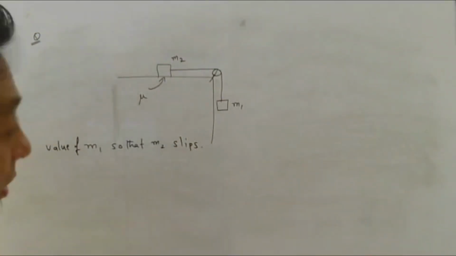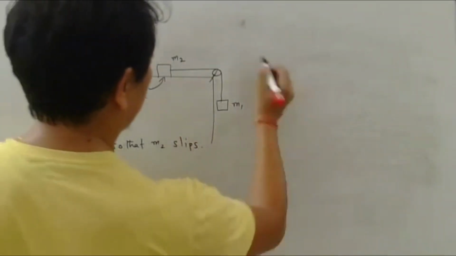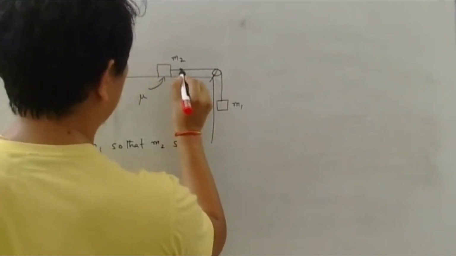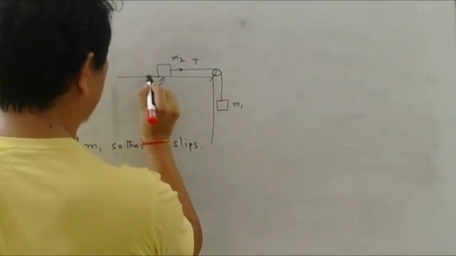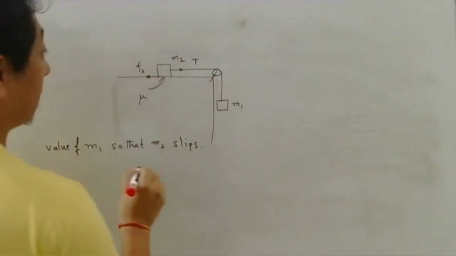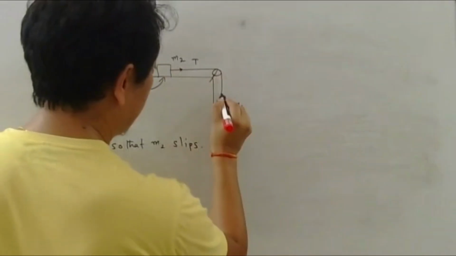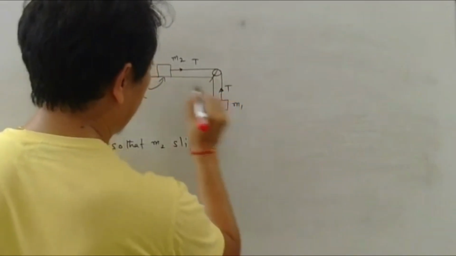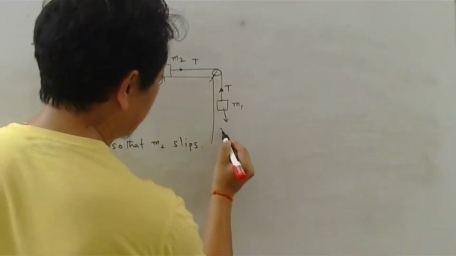So let's try to do this quickly. Here tension T, here friction, let's say right now they are at rest, so friction will be static. Same tension will act here also, right? Ideal string, so here M1G.